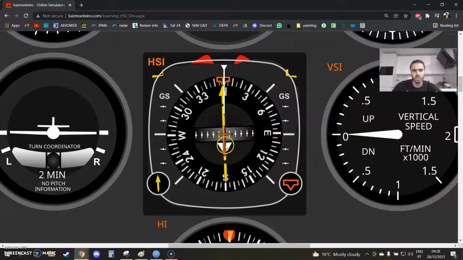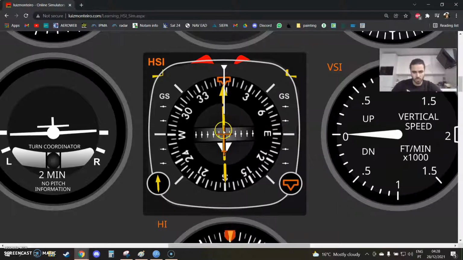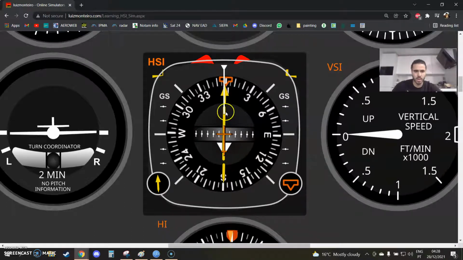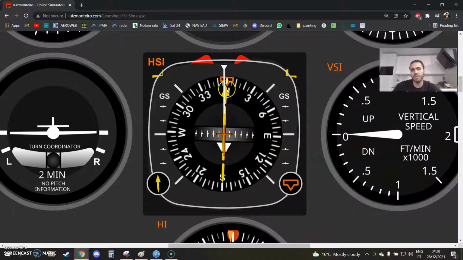I'm going away from the station, so the VOR is behind me. If the VOR is here, I need to be somewhere here. So I'm on radial approximately 360, on course 360, and the VOR is behind me.